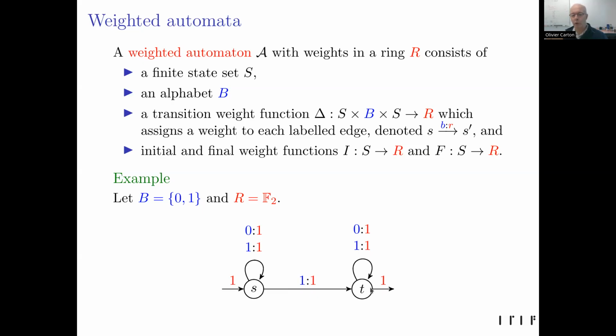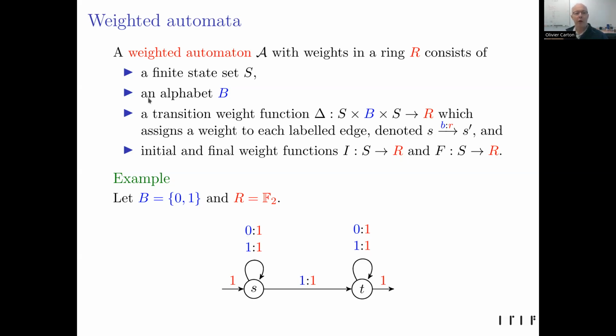We have also final weights. So the final weight of T is 1. This is the little outgoing edge. And the final weight of S is 0 because there is nothing written. And then we have also weights for transitions. Each transition is equipped with an input digit and a weight, always with a colon in between, in my example.